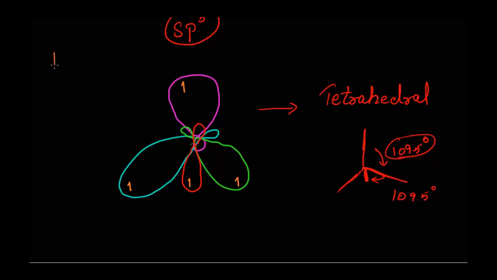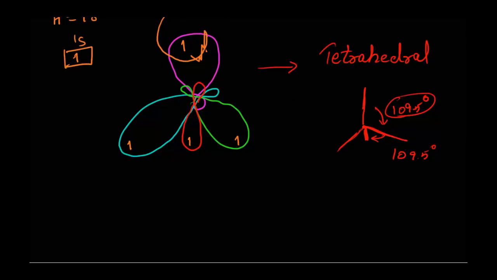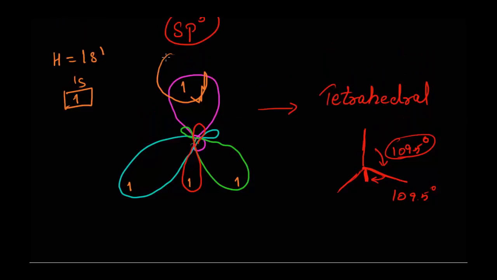Now let's come back to hydrogen. Hydrogen has 1s1, so in the 1s orbital it has 1 electron. Now if I have to draw the 1s orbital of hydrogen, my hydrogen will bond with all these hybrid orbitals with 1 electron.